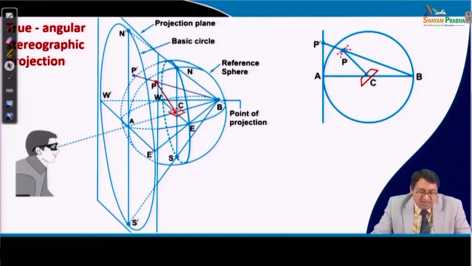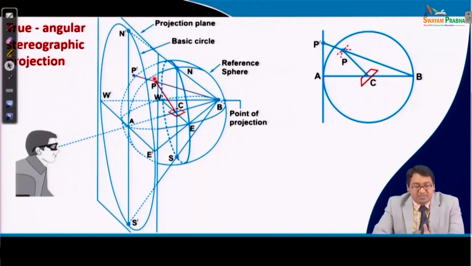And you see that a normal to the plane protrudes at the circumference of this 3D stereogram somewhere at P. If B is the point of projection, the ray of light comes and spots the P, and it shadows at the position P dash on this 2D stereographic projection. Therefore, any plane, any pole on the 3D stereogram can be represented in a 2D stereographic projection.